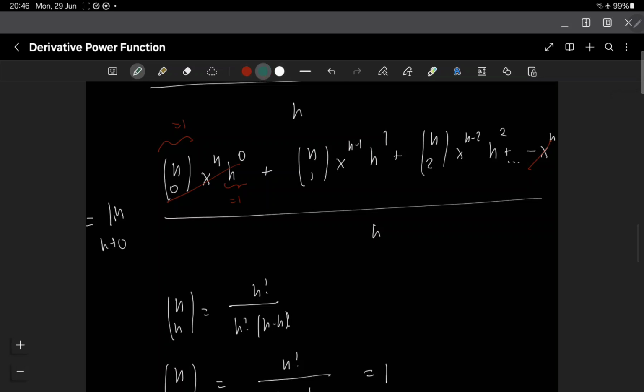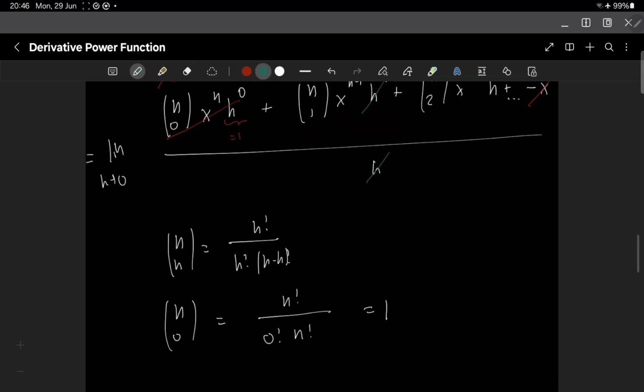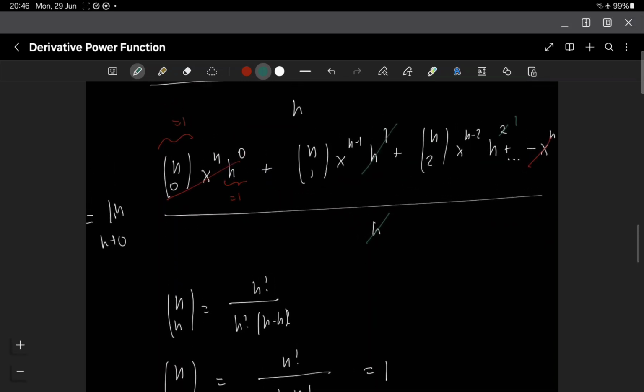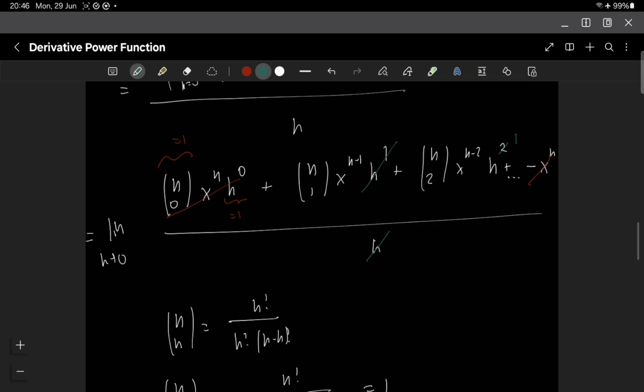And then we find that the h to the power 1 cancels with the h in the denominator, and all of the other powers of h go down by one: this 2 becomes a 1, h to the power 3 becomes h squared, and so on, all the way up to n. But what you notice is that the first term and the last term have cancelled.